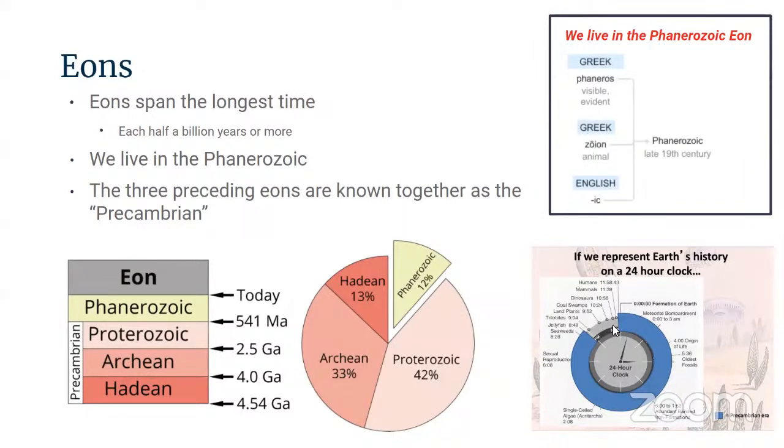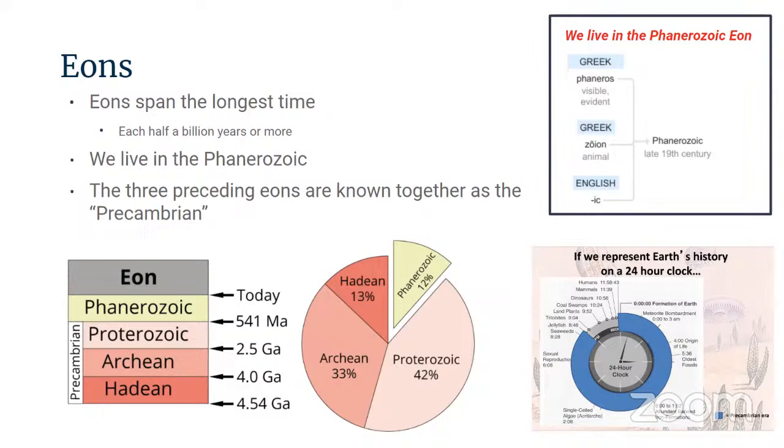The Phanerozoic is actually quite short relative to everything that came before, though. So here we can see it sort of in clock form. The Phanerozoic is in gray here, where we have fossils that we can see, and then the blue is pretty much everything else. Okay.